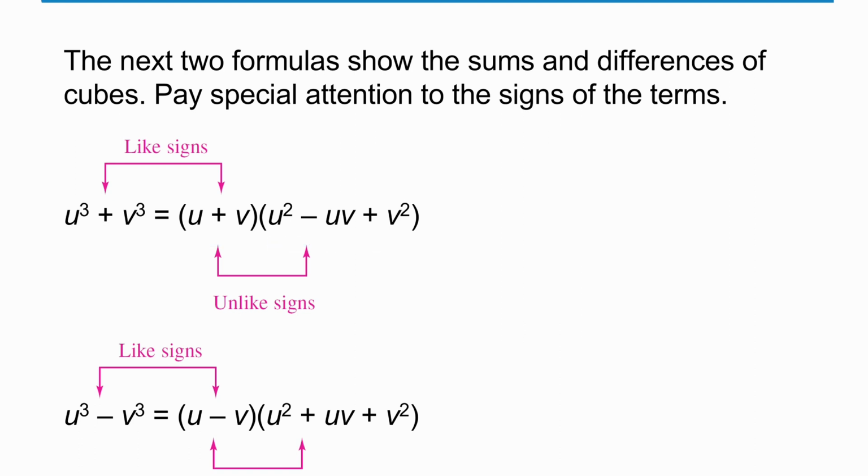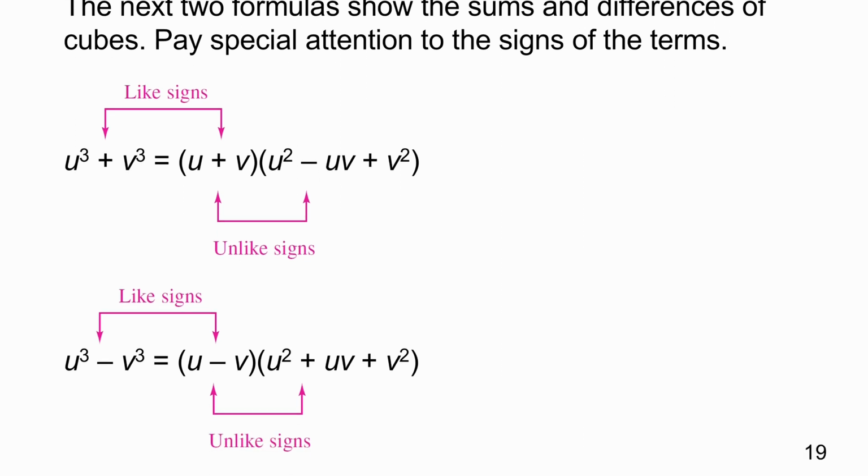We will always have exactly one negative, but the negative is going to be in the trinomial if you have positive between the two cubes, and the negative is going to be in the binomial, the two-termed one, if not.